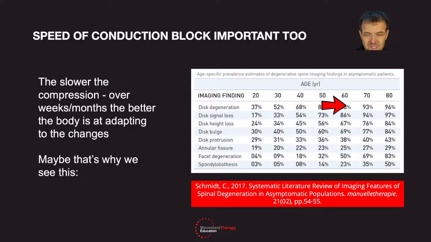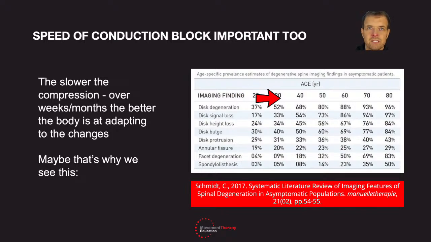Okay. So this is something that I mentioned before, and one of the things that we looked at with the disc herniations that isn't on this list. Okay, and I said it's interesting that it's not, because this is a list of people who have been scanned who are asymptomatic, so they don't have any back pain.